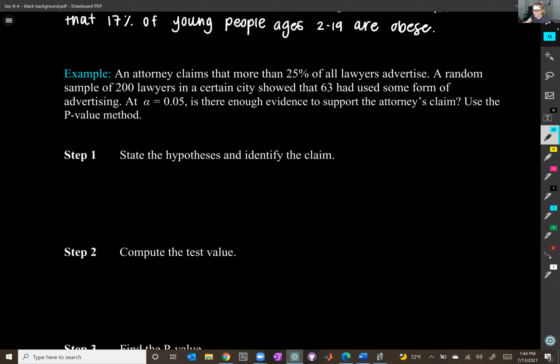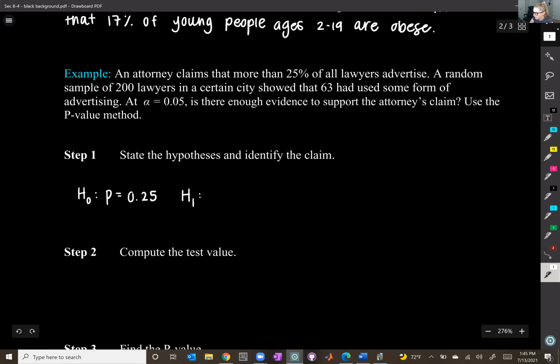Use the p-value method. Okay, so like usual, we're going to start off with at least identifying what the claim is and stating what your null and alternative hypothesis each are. Let's go ahead and do that. So remember, our null hypothesis always has an equal sign. So the proportion that we are looking at is 25%. So this is going to be equals 0.25.